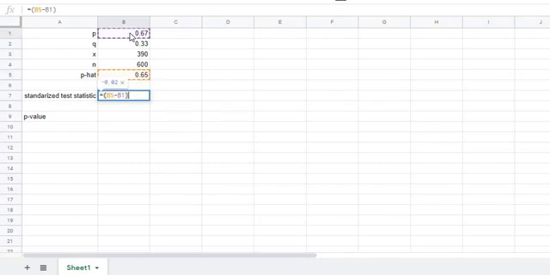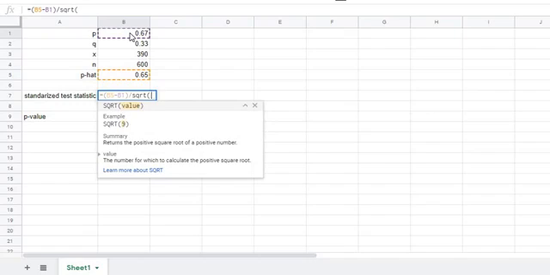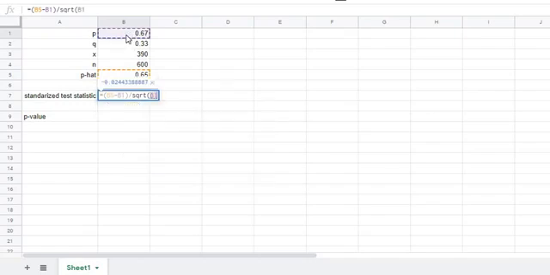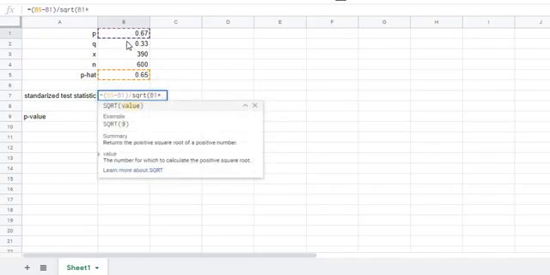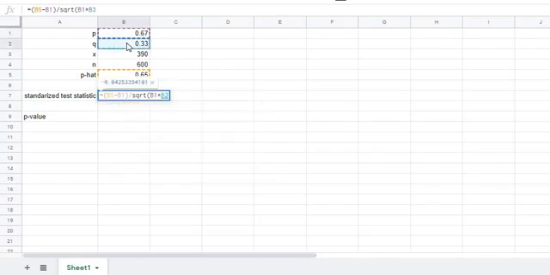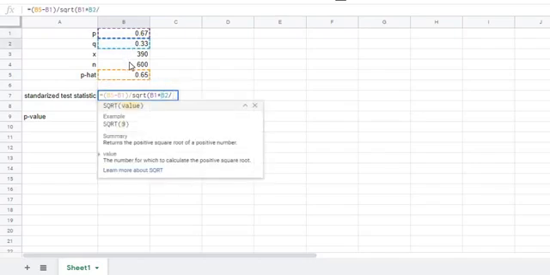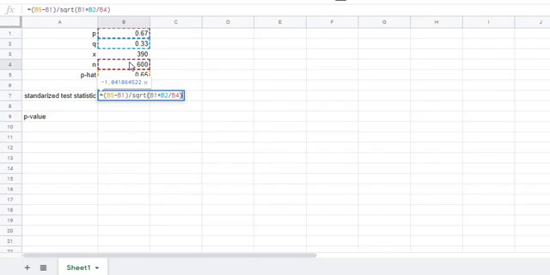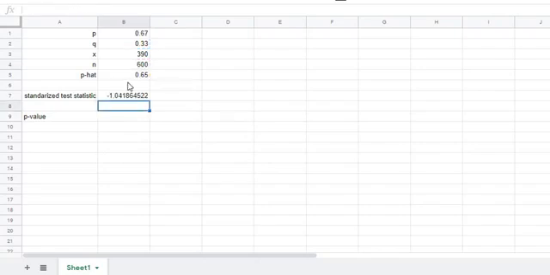I'm going to enclose that all in parentheses, divided by the square root of p times q divided by n, in the parentheses. So there I have my standardized test statistic.